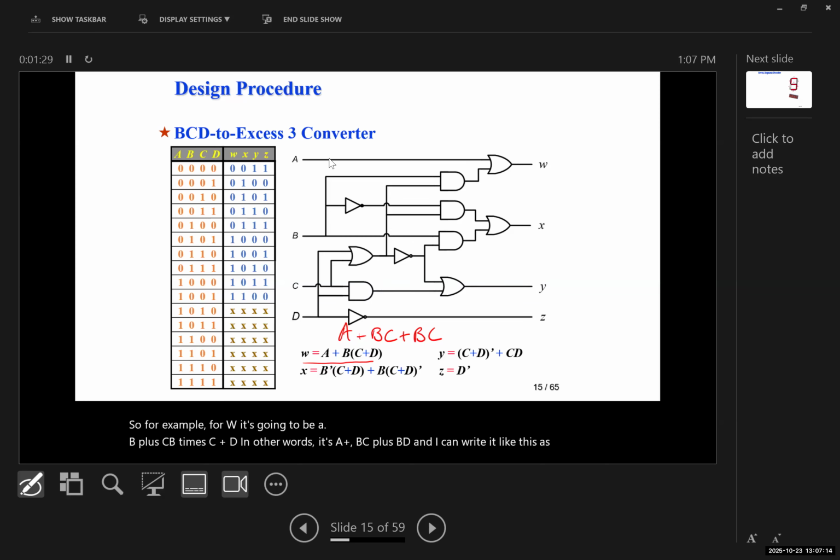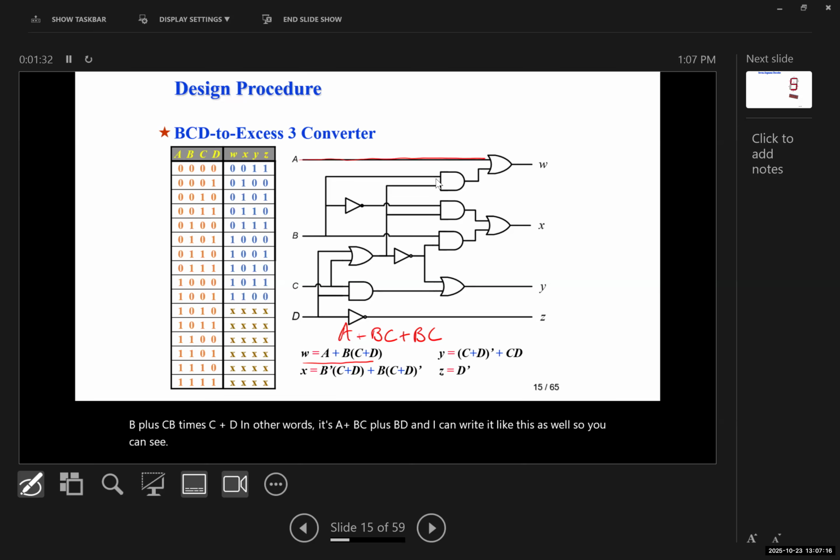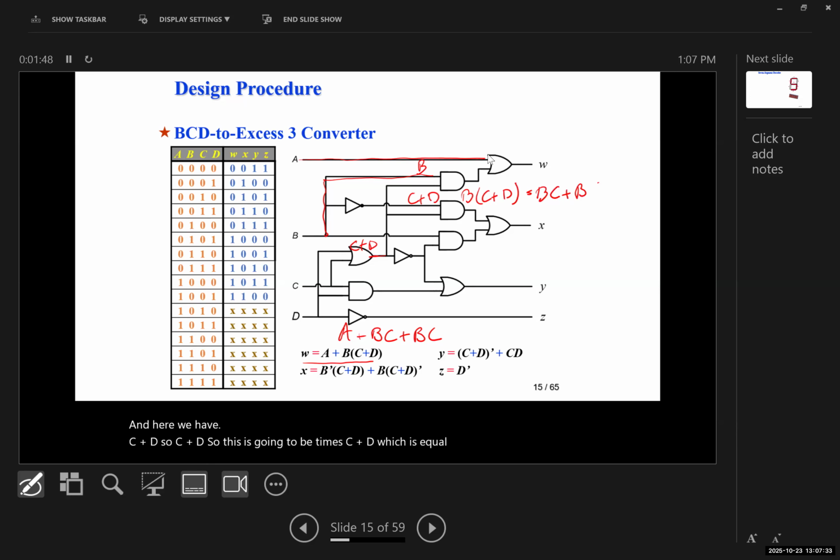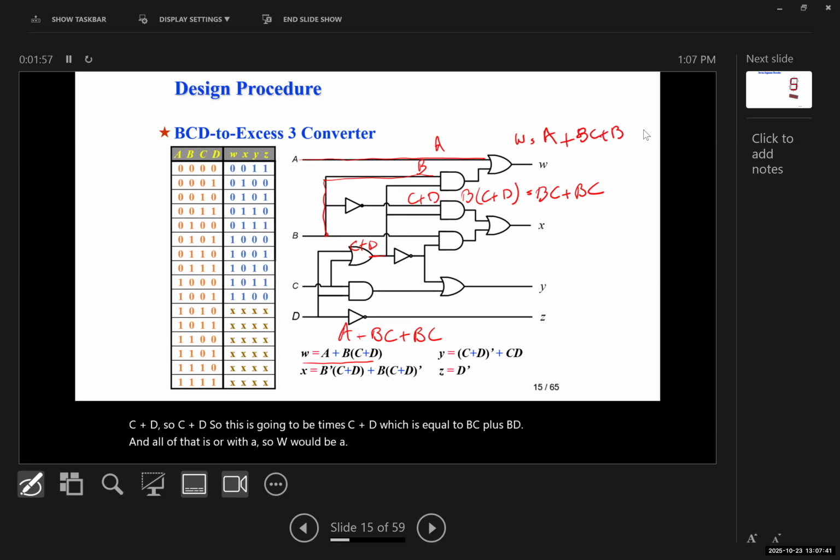So you can see the A input is OR, and this is B. And here we have C plus D. So this is going to be B times C plus D, which is equal to BC plus BD. And all of that is OR with the A. So W would be A plus BC plus BD.